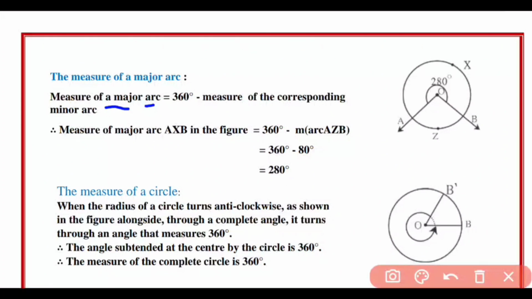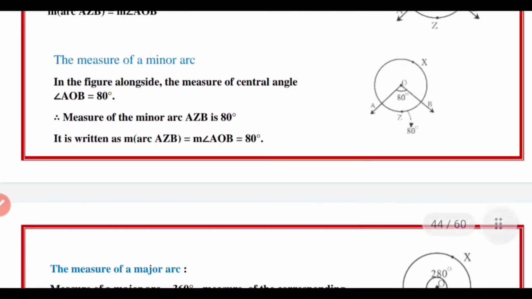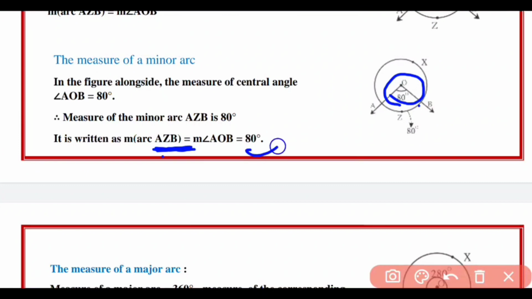So here we have the measure of the minor arc as 80 degrees, given in this example. From this minor arc AZB, which is 80 degrees, we can find the measure of this bigger arc. So how to find it?